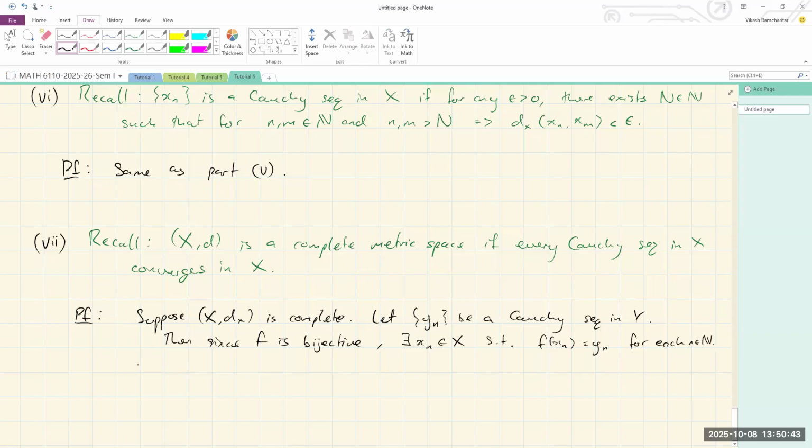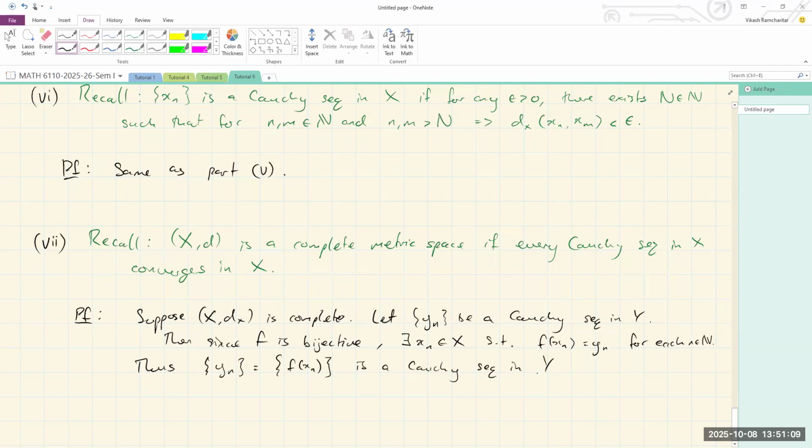So now the sequence y_n is the same as this sequence f of x_n. Therefore f of x_n is a Cauchy sequence in Y.